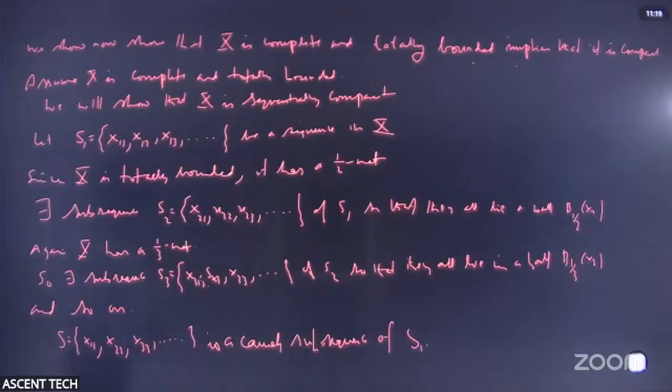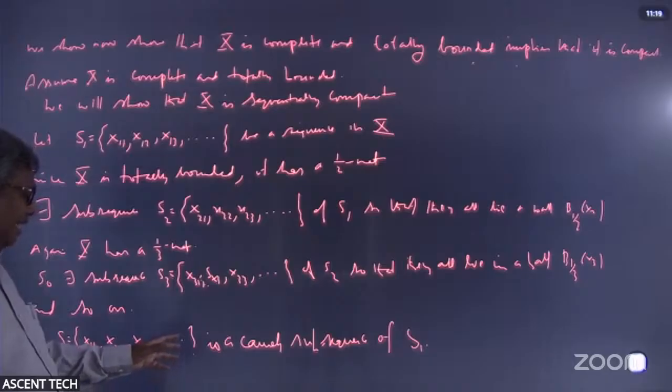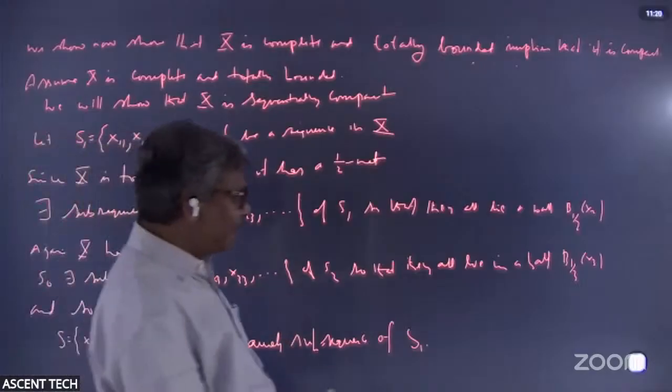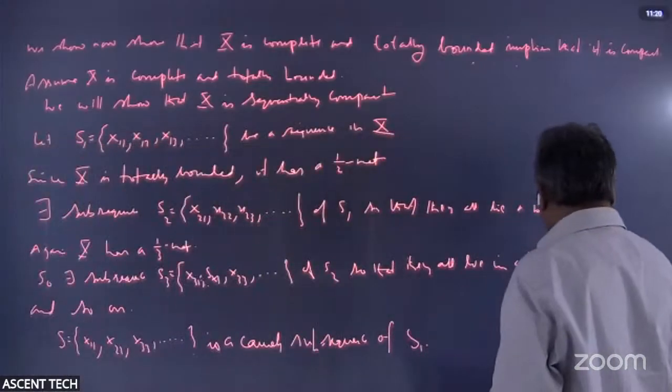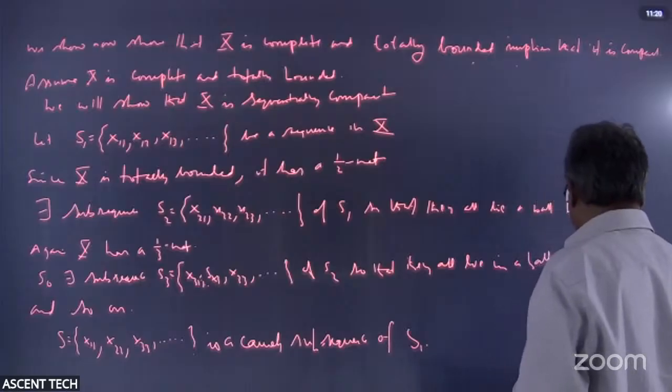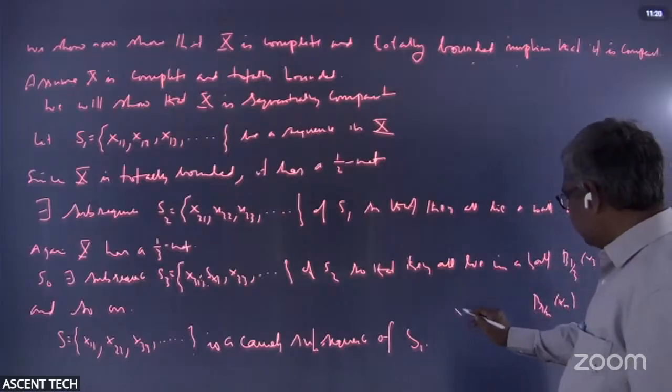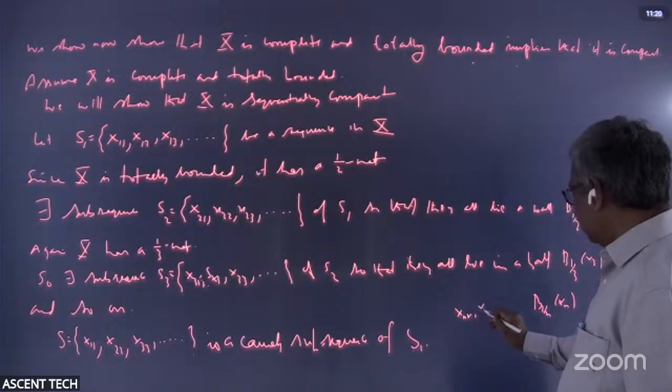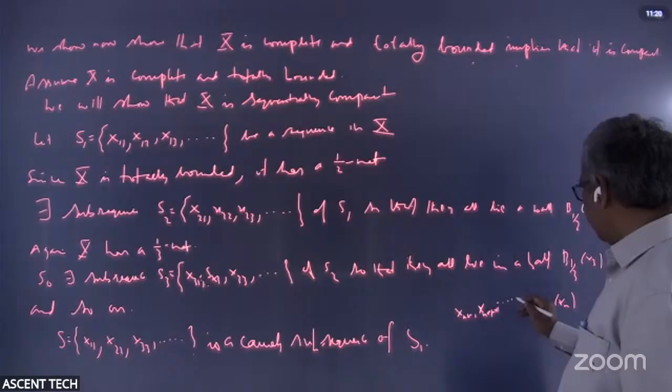Is that okay? Right. For example, after n, Xnn, X(n+1)(n+1), etc. They all lie in this ball B 1 by n Xn. So Xnn, X(n+1)(n+1), and so on, they all lie in that.